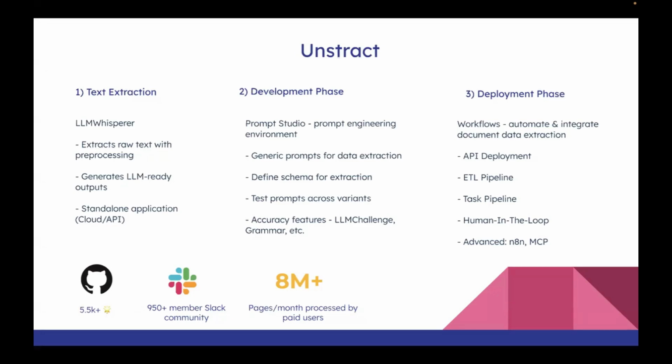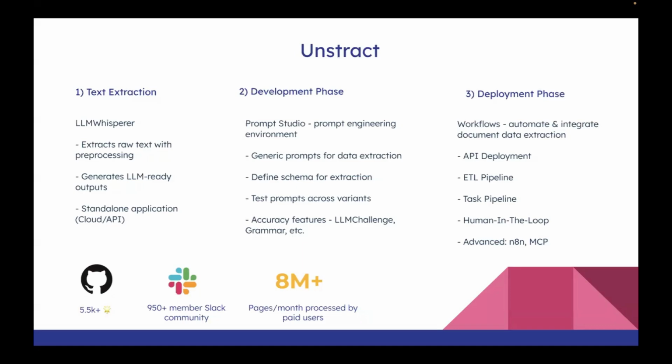So the text extraction phase is probably the first set of processes that are done within the platform. Once you upload your document into the platform, we deploy a text extraction tool like LLM Whisperer, which is Unstract's in-house text extractor, to extract the raw text from your document and prepare it in a format that is best consumable by LLMs. And this is one of the key steps that we have, which LLM Whisperer is known to do pretty well because it preserves the original layout of the document.